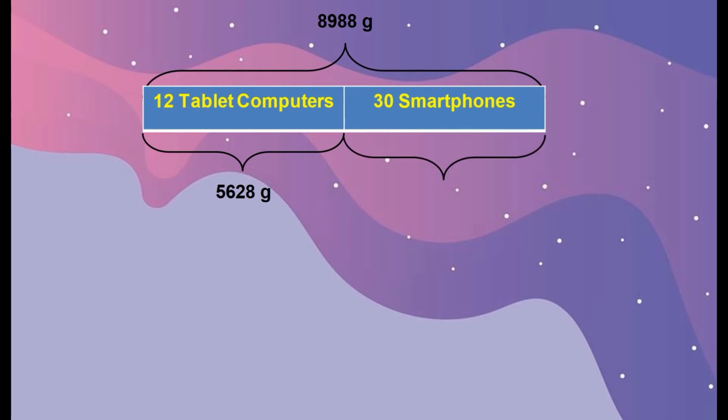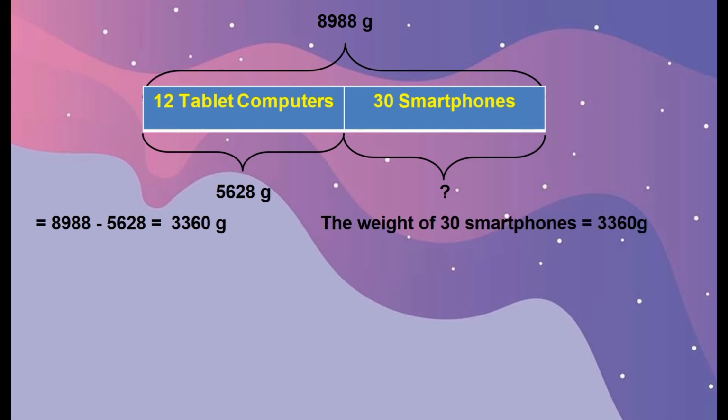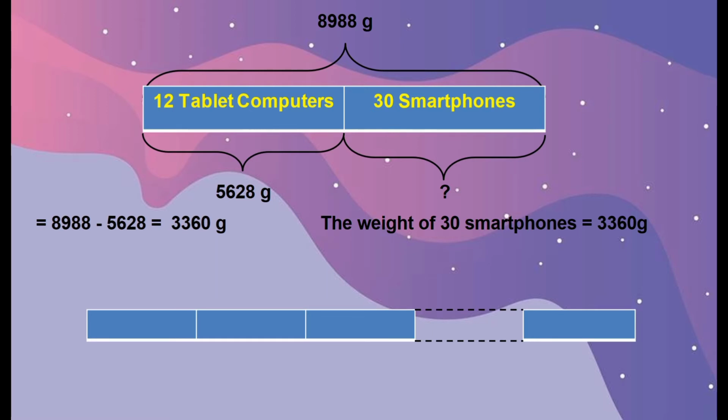Now we do not know the weight of 30 smartphones, so we need to find this. What you have to do with the total is subtract: 8,988 minus 5,628. So you will get 3,360 grams. So what is 3,360 grams? You have to write the statement for this: the weight of 30 smartphones is equal to 3,360 grams.